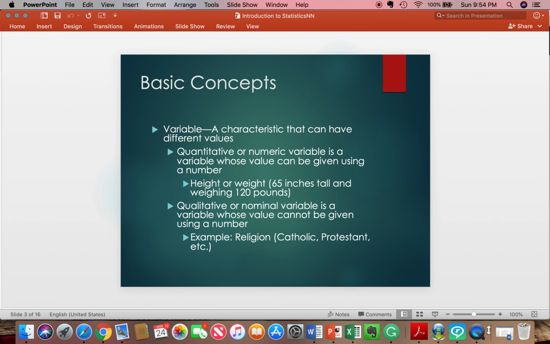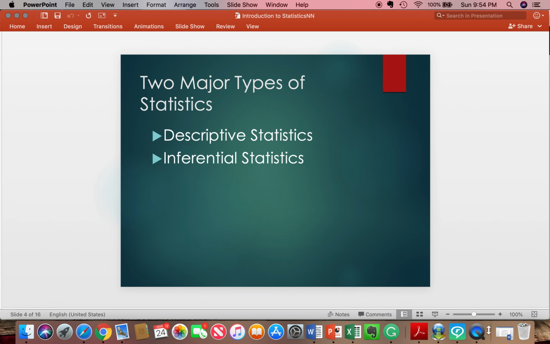Regardless, each one of those pieces of data, we need to be able to do something with. So we first need to determine for my research project, am I going to be receiving quantitative data or qualitative data? The second is there's two major types of statistics: descriptive statistics and inferential statistics.